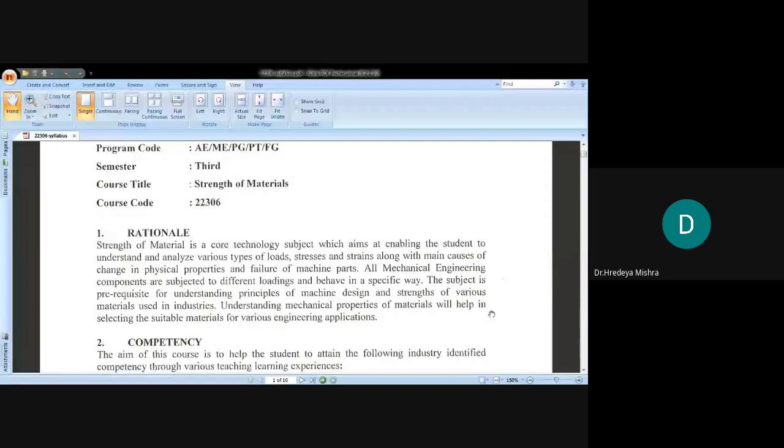So what is the difference between stress and pressure? Anyone can tell? Because the unit is the same, the name is changed, but the unit is the same. The definition is also the same. Pressure is the applied load divided by the contact area.